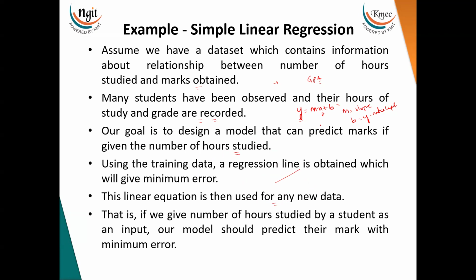Once you have found this equation, for the new data you can easily predict the GPA that person is going to get. So if we give the number of hours studied by a student as an input, our model should predict their marks with the minimum error. That is the final goal of simple linear regression.